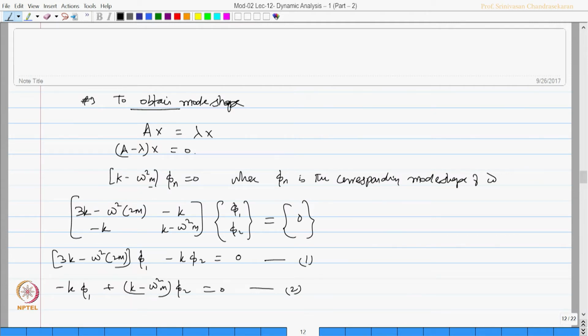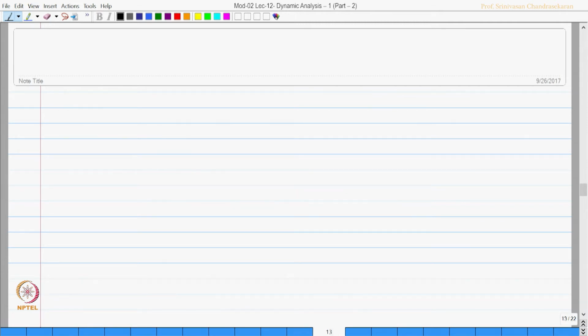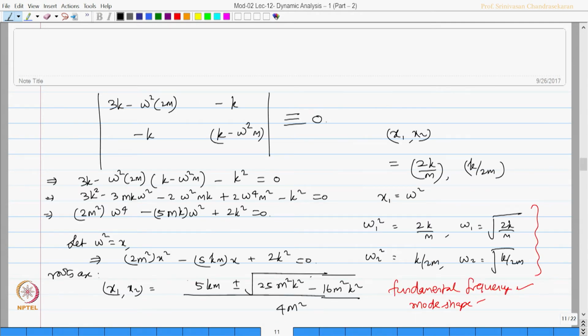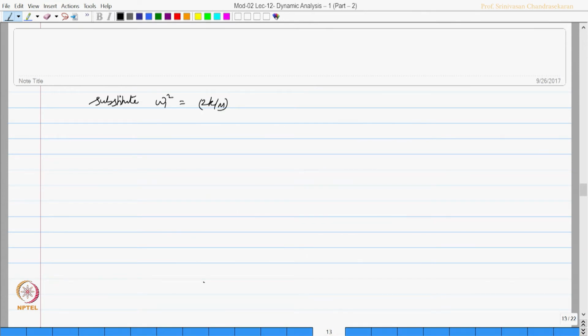I want to find the first mode shape. So, what I do is in these two equations substitute omega 1 square as 2k by m, which we already got. You can see here omega 1 square is 2k by m. So, substitute that to get the first one. Okay.